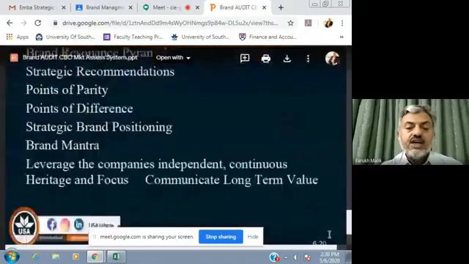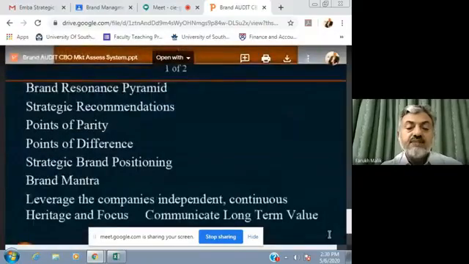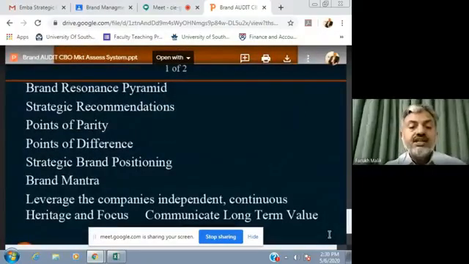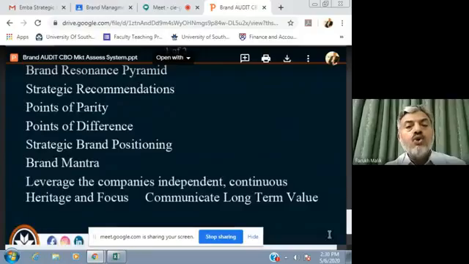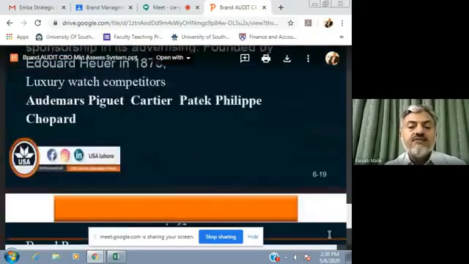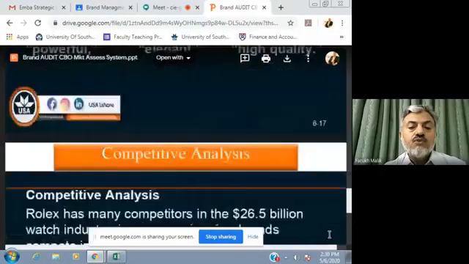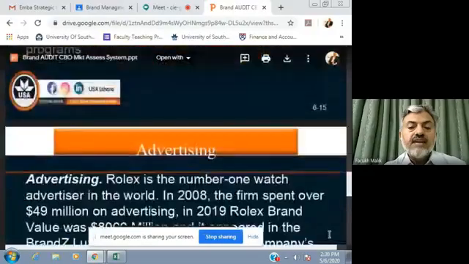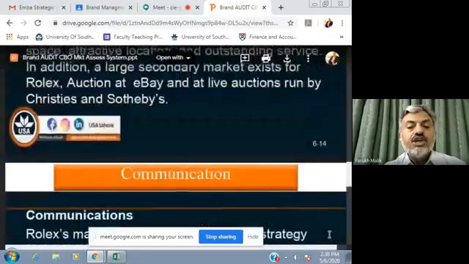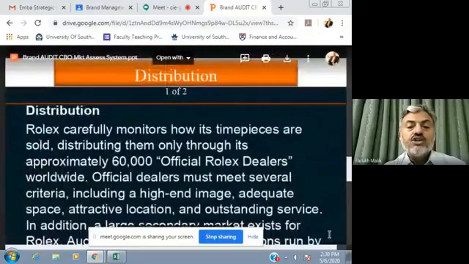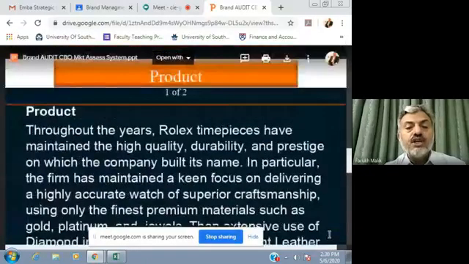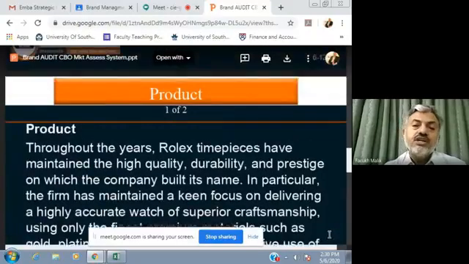Then we have to focus on these things: brand resonance pyramid, strategic recommendations, points of parity, points of difference, strategic brand positioning, brand mantra, leverage the company's independent continuous heritage and focus, and commitment to long-term value. Whereas when you are focusing on brand inventory, then you are focusing on advertising, communication, and then your distribution network, how you present the product to the customer, and the product in itself.